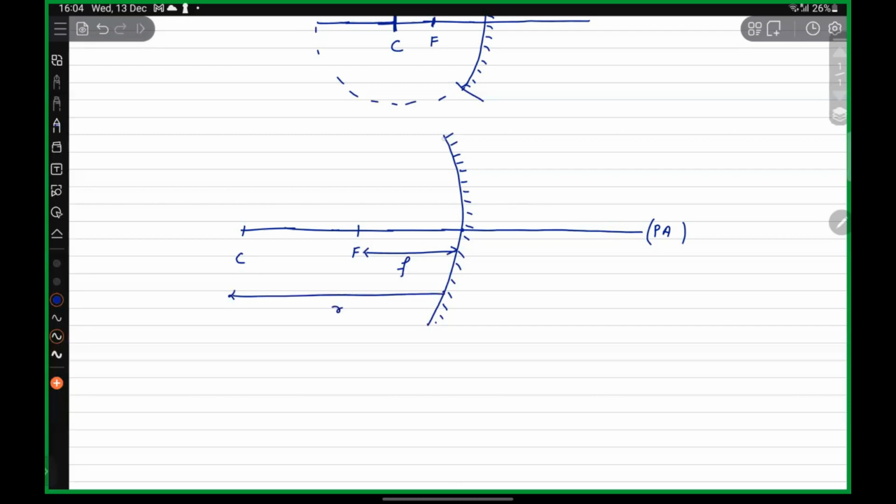Now, let this point be A. And what I do is I'll drop a perpendicular from this point down here. I'm dropping a perpendicular from A to, let's say, this point B. Can you follow what I'm doing here?